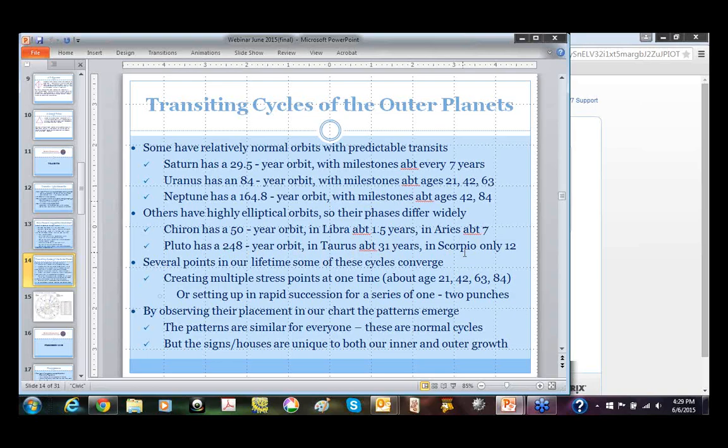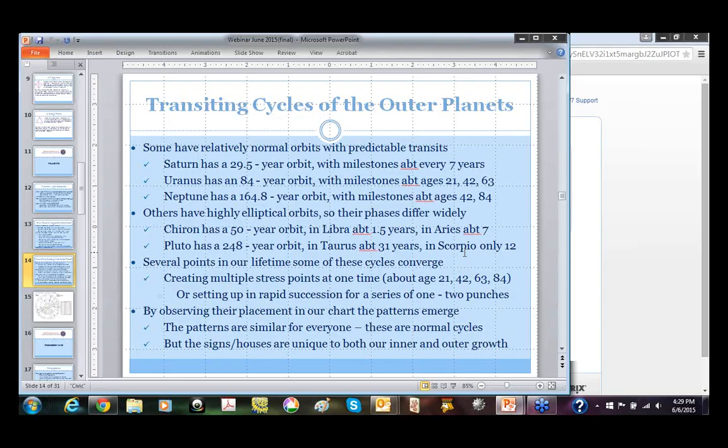Let's see. Someone born in 1875 with Pluto in Taurus, they did hit the first quarter square at roughly 80 years. But Pluto is not going to reach the opposition in Scorpio, or didn't for them, until 120 years later. So not in their lifetime.